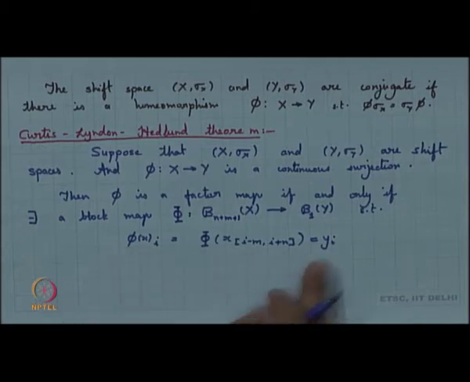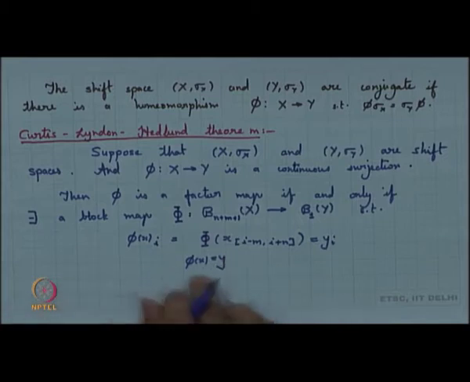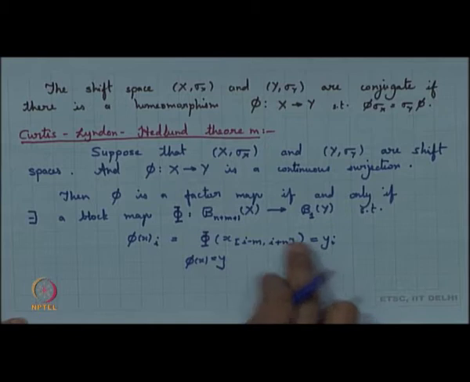So phi(x) equal to y, and individually in coordinates we can think that phi(x) at i is basically determined by this particular block map.